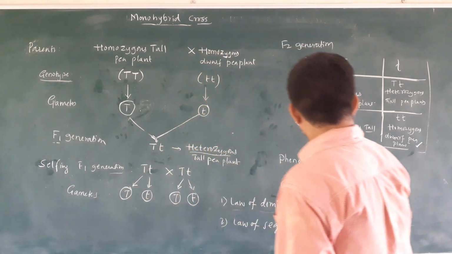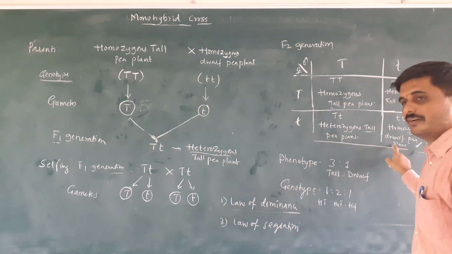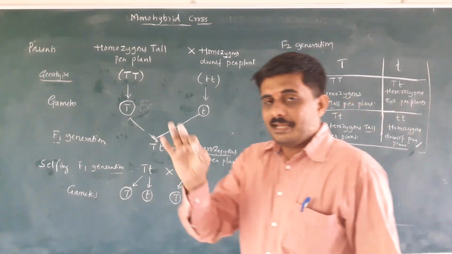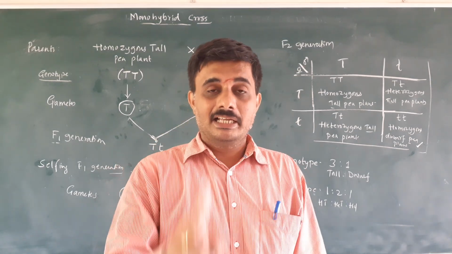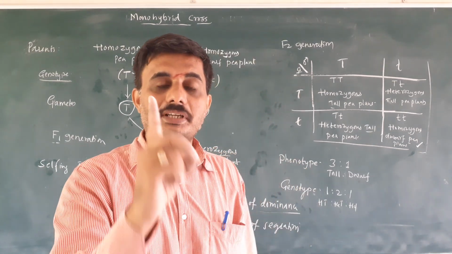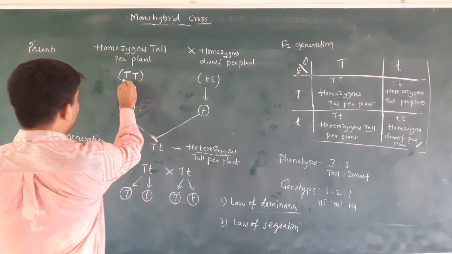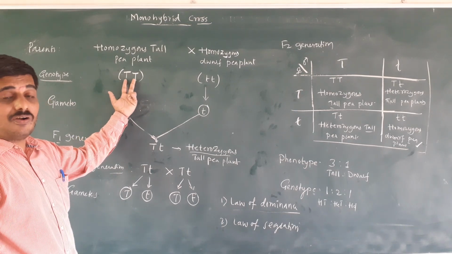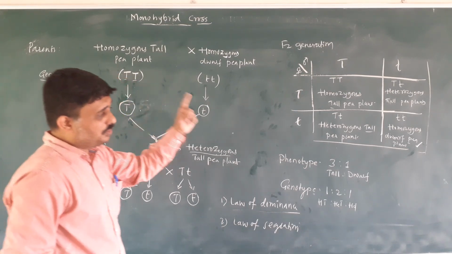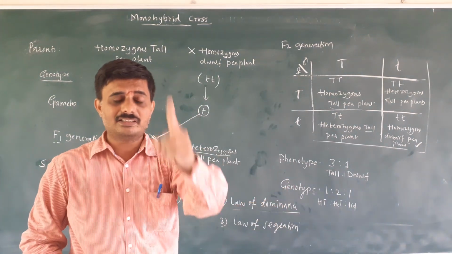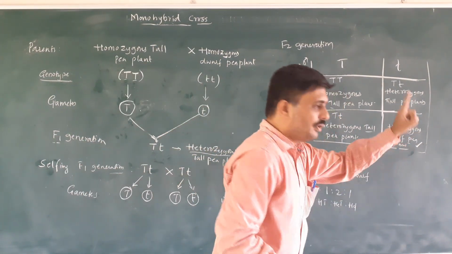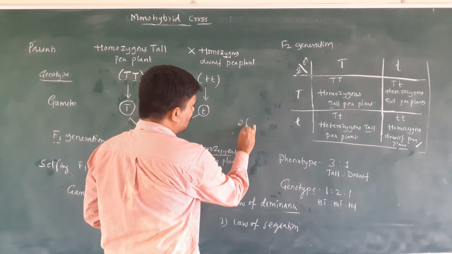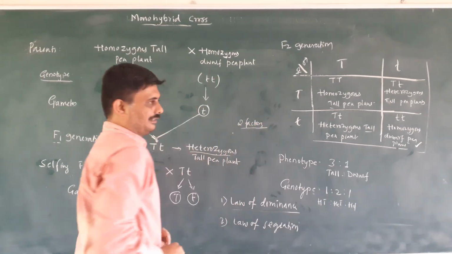Otherwise, the ancestral character will not occur in the F2 generation. When he got the dwarf plant in the F2 generation, he said there must be two factors responsible for a character. Mendel called them factors. Otherwise, the dwarf character will not appear in the F2 generation. So he said that two factors are responsible for it.